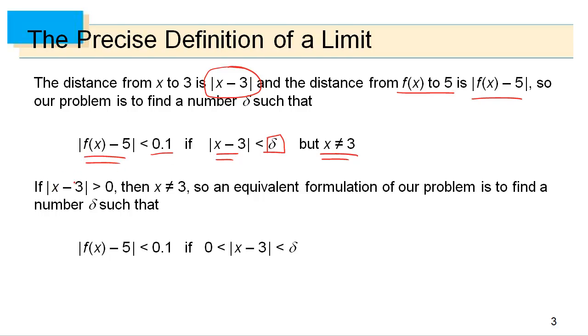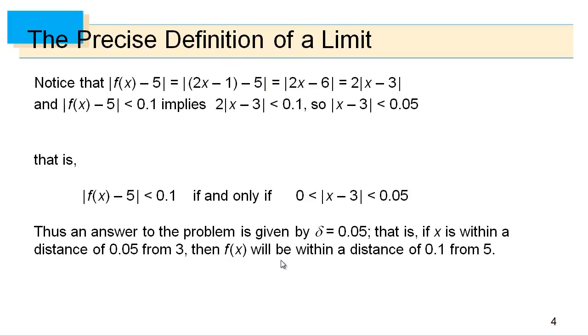Well, if the absolute value of x minus 3 is greater than 0, if the answer we get from this is always greater than 0, then that means x is never equal to 3. So we can take these two phrases and put them together as one compound inequality. And now we have the makings of the precise definition of a limit.